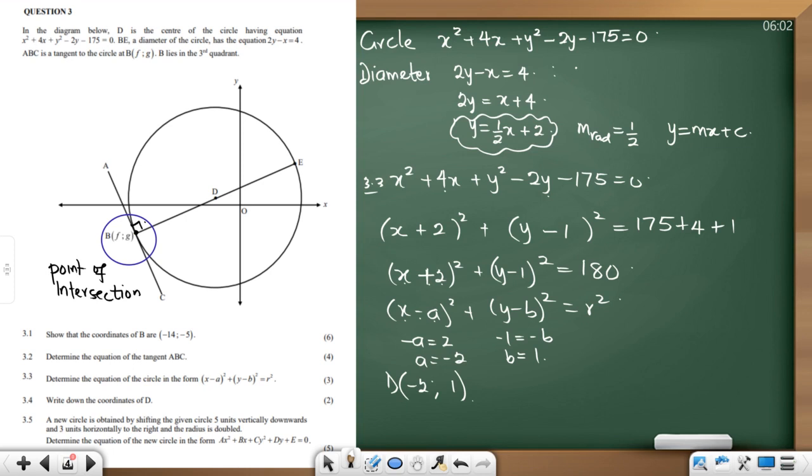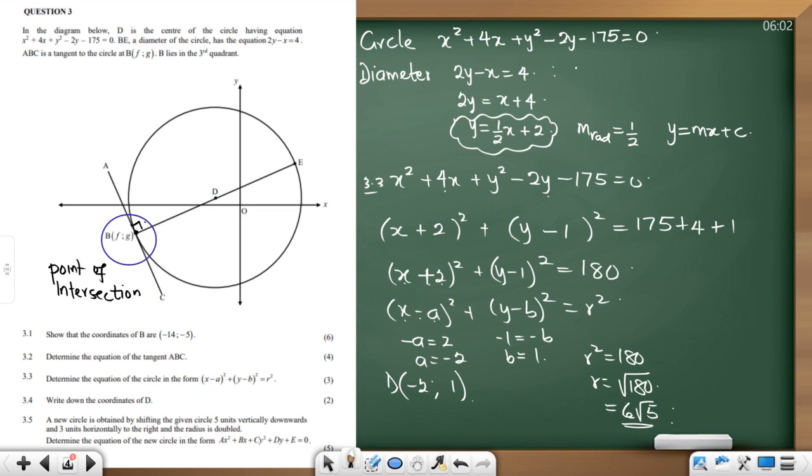Let's just get it for good measure. r squared equals 180. So what is r? r is the square root of 180. I hope that makes sense. And you can use your calculator to check for the square root of 180. Simplify it. That is 36 times 5. And that should give you the square root of 36 is 6, so 6 root 5. We're done. Okay, just in case they ask you.